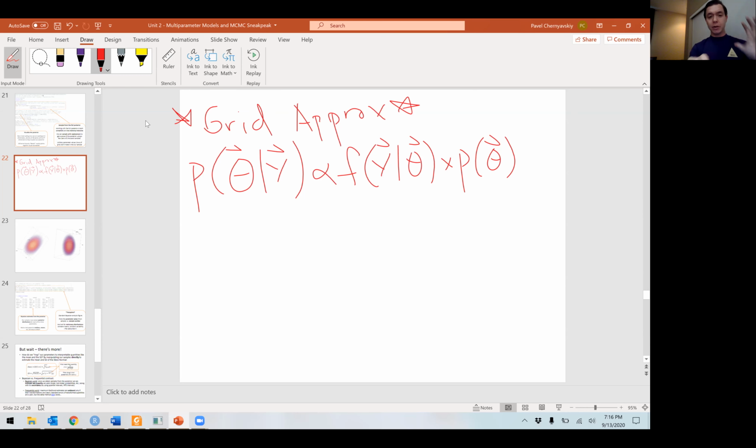So by using grid approximation, we define a fine grid for each parameter.